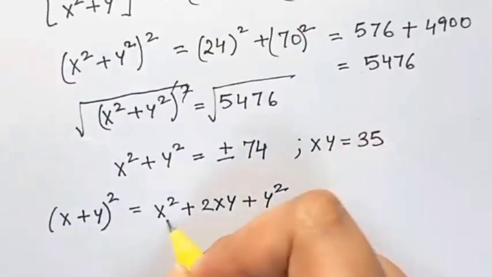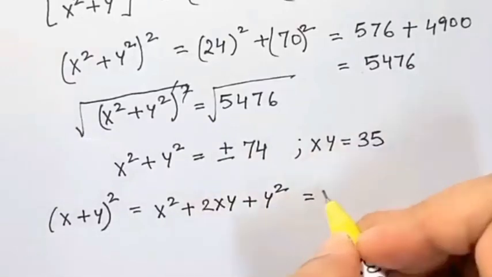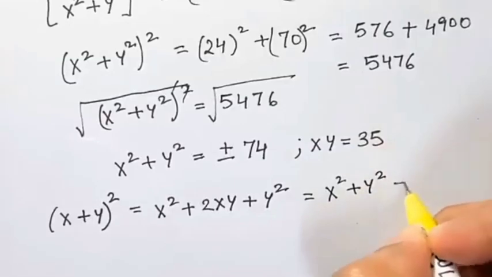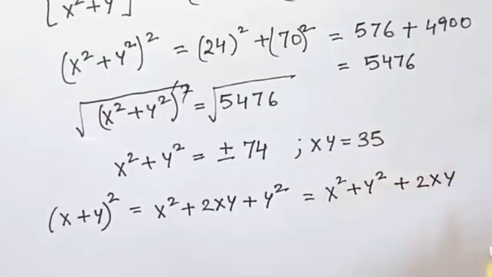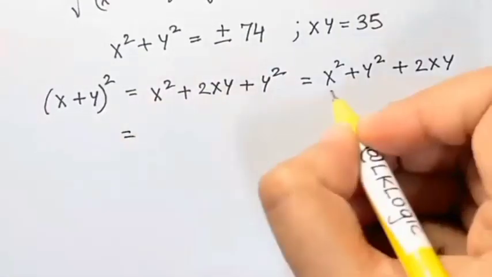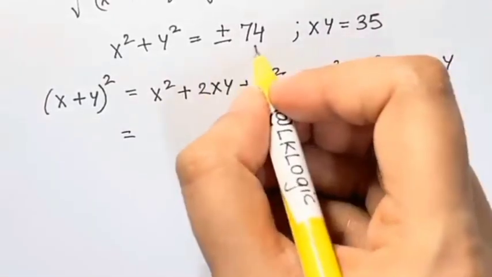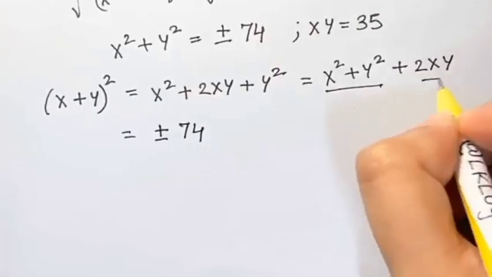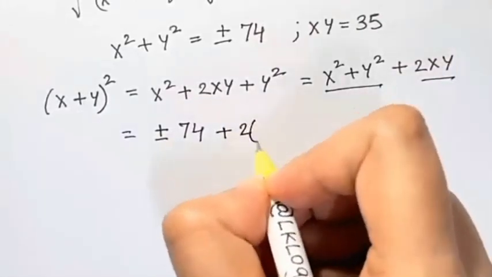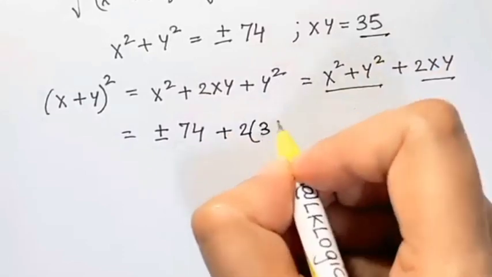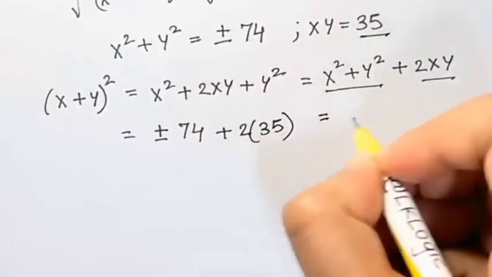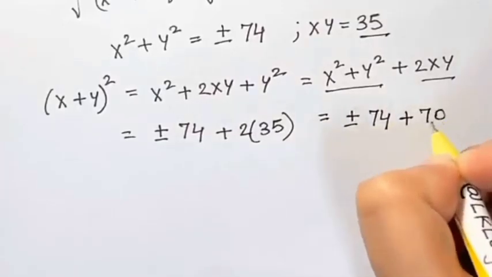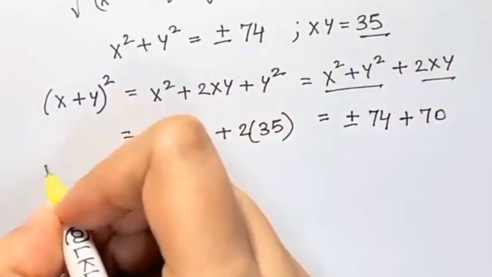I can even arrange it like this: x² + y² + 2xy. So x² + y² is plus or minus 74, and plus 2xy, where 2 times xy is 70. So I put it here: plus or minus 74 plus 70 is (x + y)².